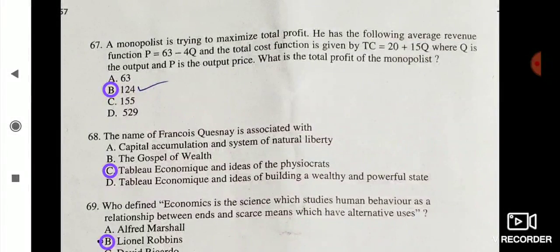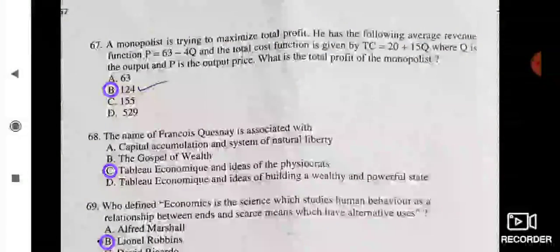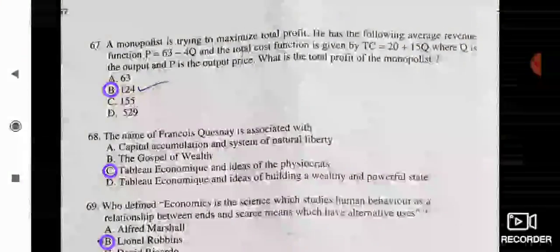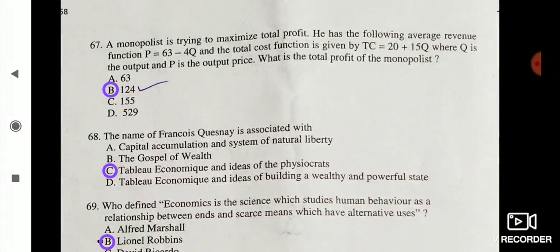After setting it equal to 0, we will get the value of Q. If we solve this, the value of Q output will be 6. And now we put the value of Q in the profit function. Then we will get the value of total profit, and it will be 124.